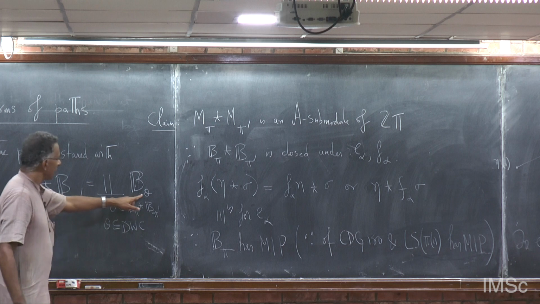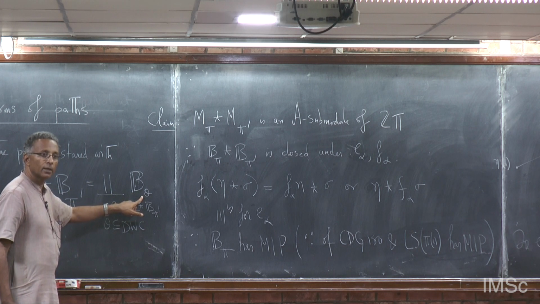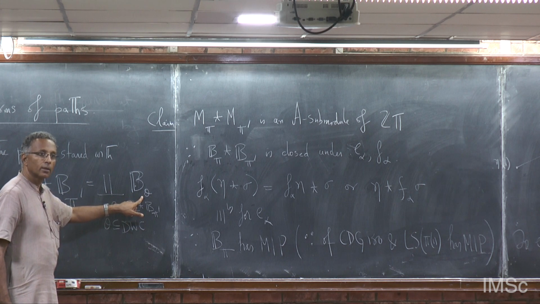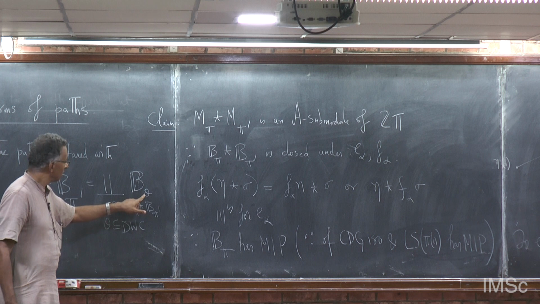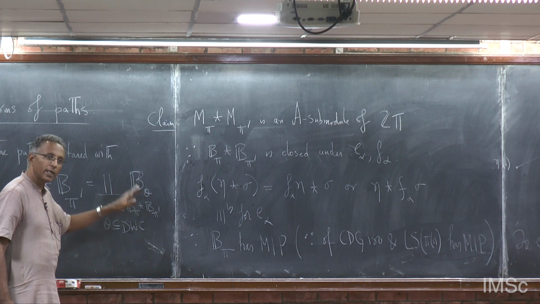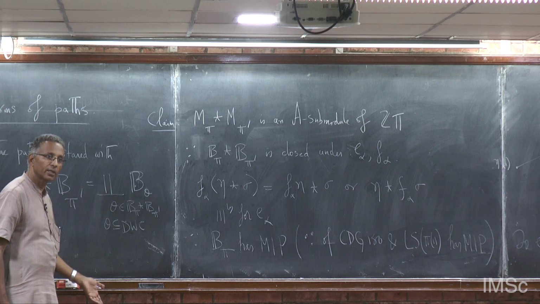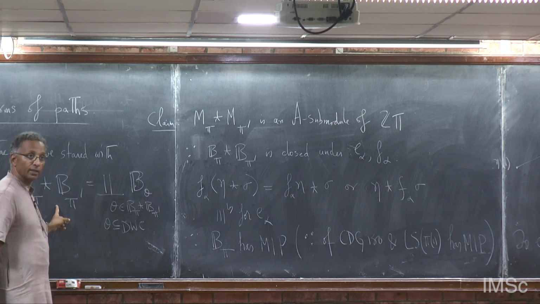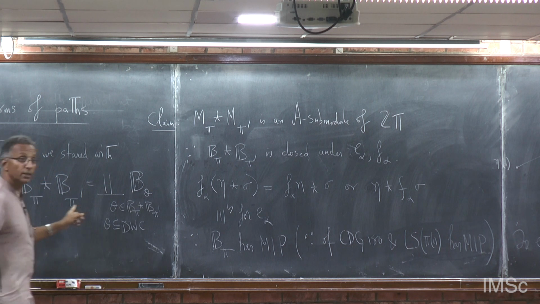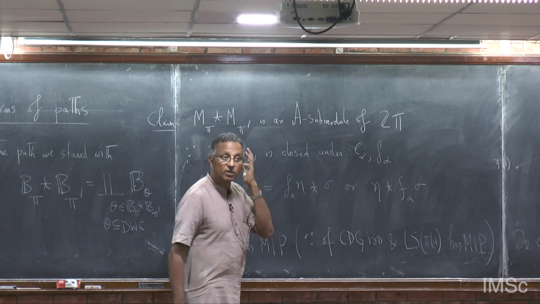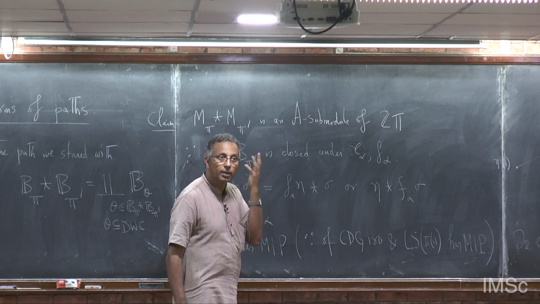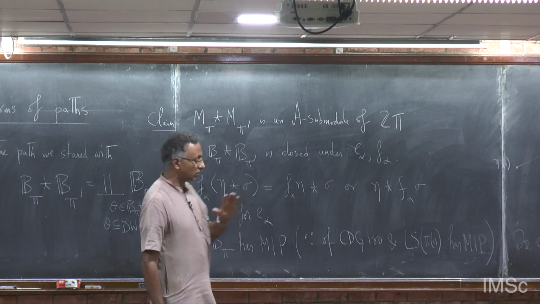So given an element here, what does it mean? It is obtained from theta by applying E alphas and F alphas, right? But theta is already here. This theta is obtained in there, and it's closed under E alphas, F alphas. Is this clear? Okay.